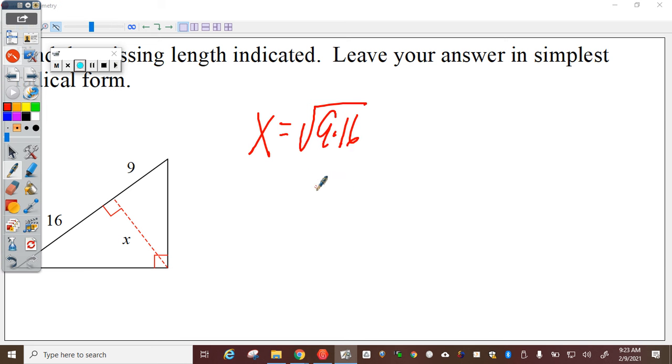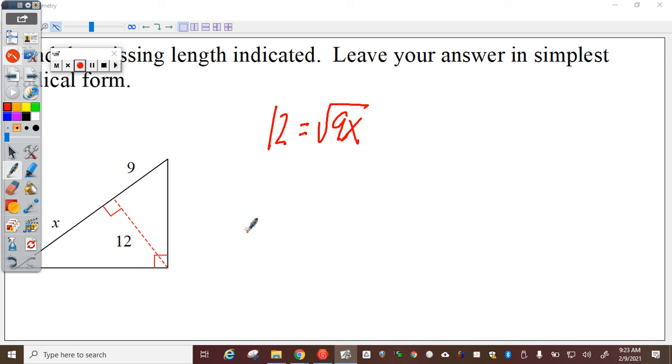You agree? Okay. So then, let's go over to this one. The same thing happens. This is equal to the geometric mean of these two numbers. So 12 is equal to the geometric mean of 9 and x.